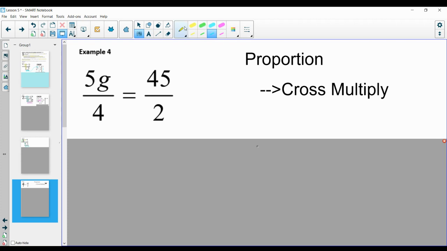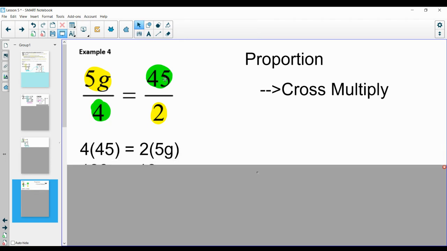So, to solve this problem, I am going to multiply this term by this term. And then I'm going to set it equal to this term times this term. If we write that out, that is this. So we have 4 times 45 equals 2 times 5g.